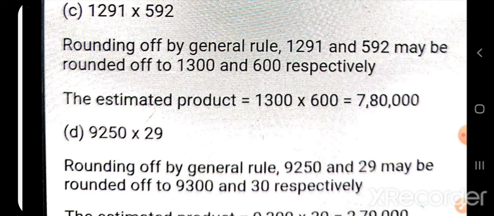Now the estimated product is equal to 1300 into 600. So 13 6s are 78 and in the last 4 zeros. So our answer is 7,80,000.